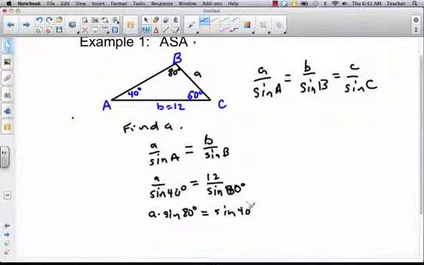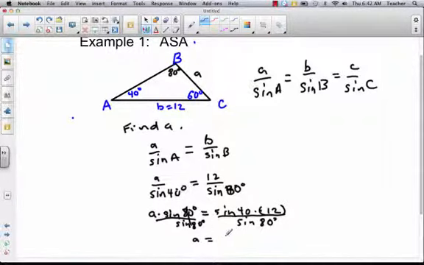To solve for A, we don't want to take sine of 80 because we'd be rounding and introducing error, but we will divide both sides by sine of 80. That divides out, and our answer for A will be sine of 40 times 12 divided by sine of 80. We'll round this to the nearest tenth.